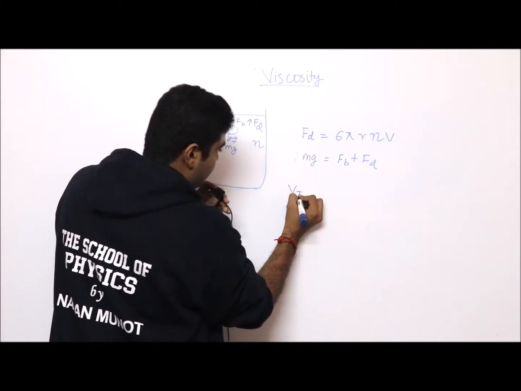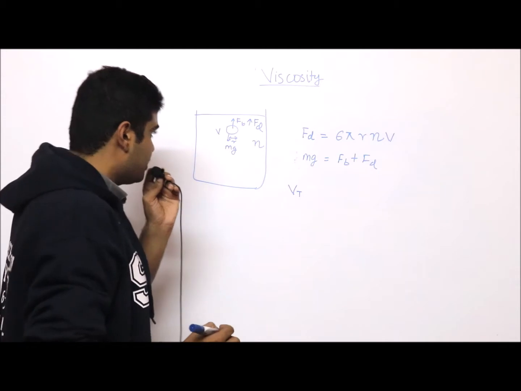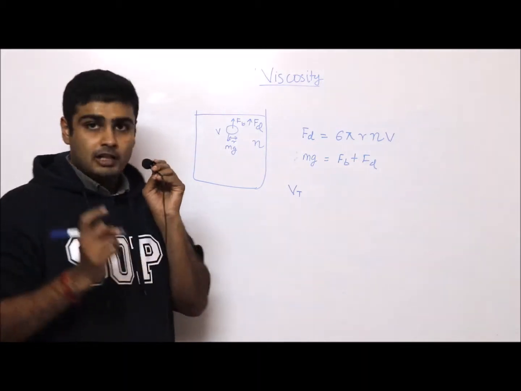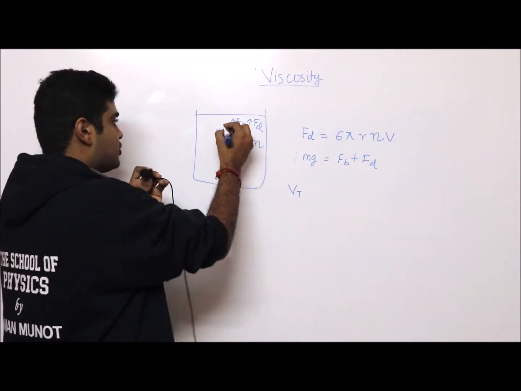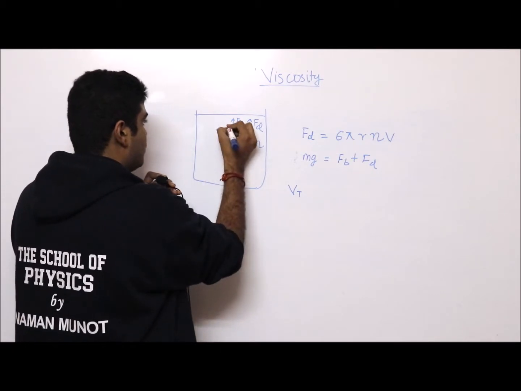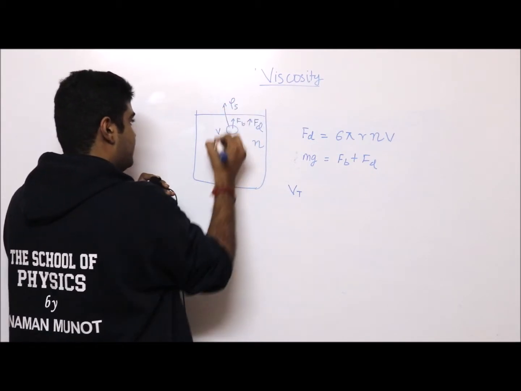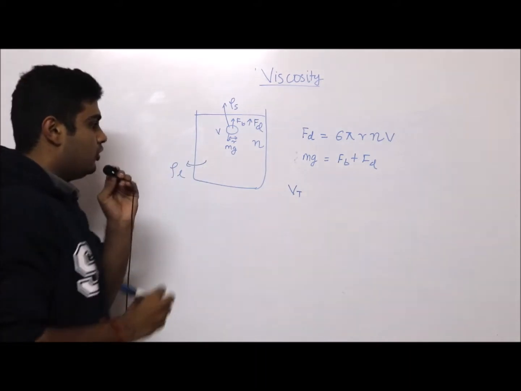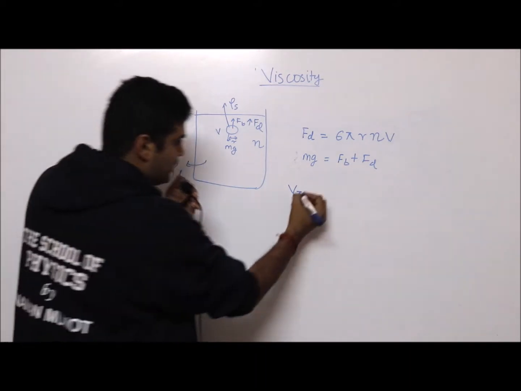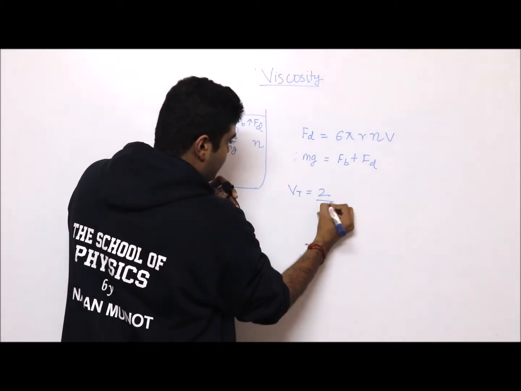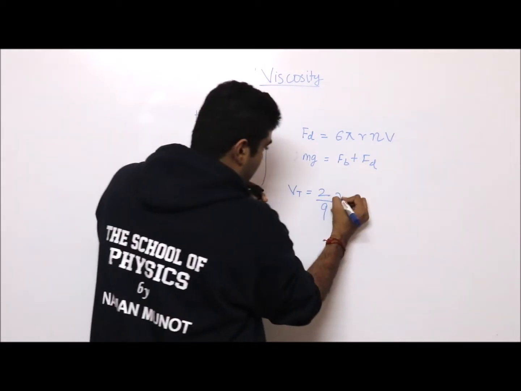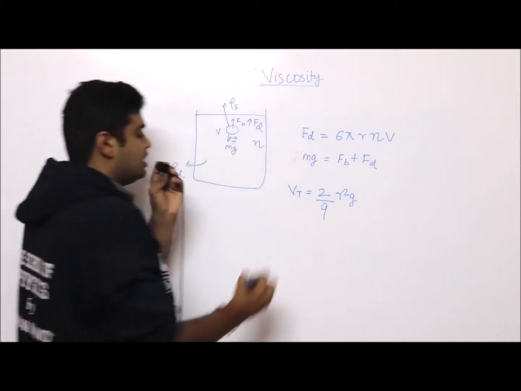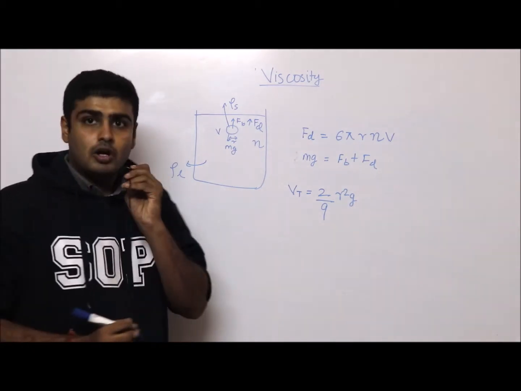When it is asked what the terminal velocity is, we'll also need the densities. Suppose the density of the ball is rho s and the density of the liquid is rho l. To find terminal velocity we have a very simple formula: 2 by 9 r square into g, where g is the acceleration due to gravity.